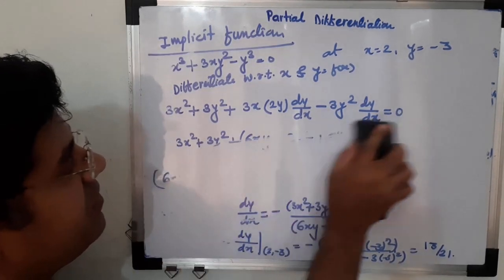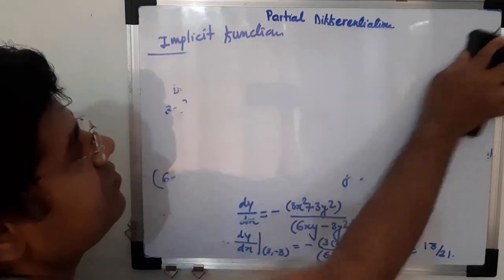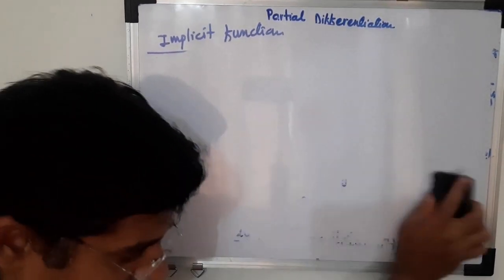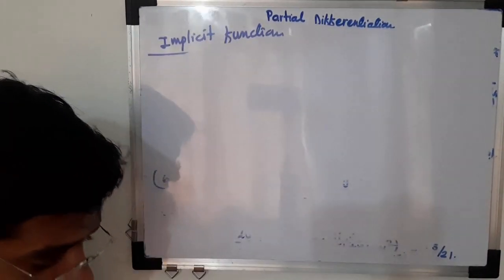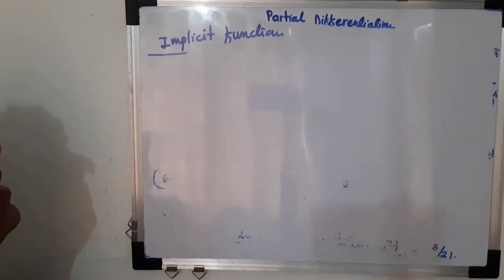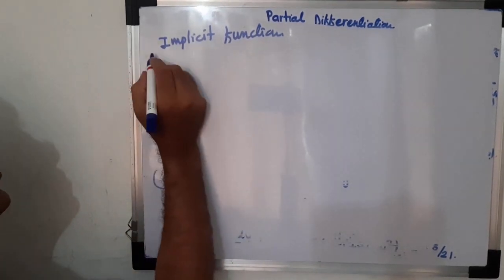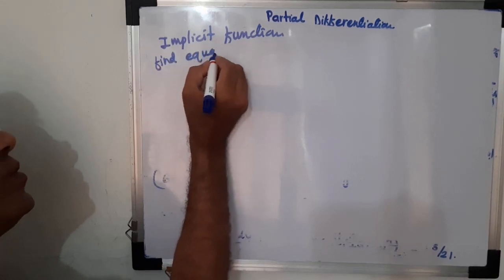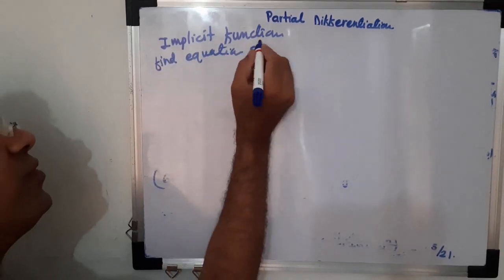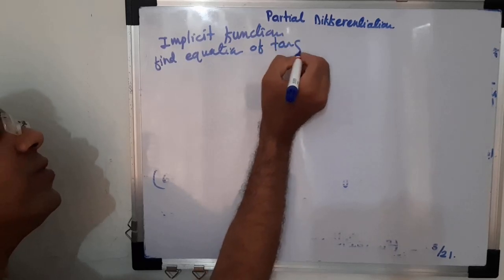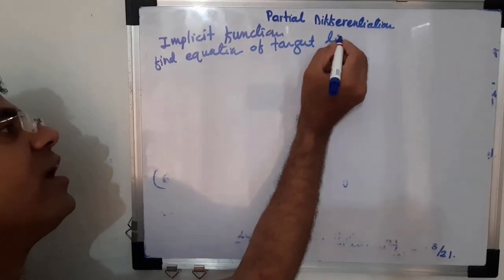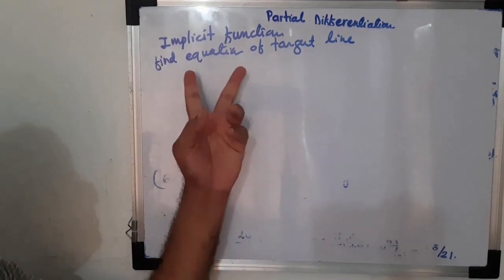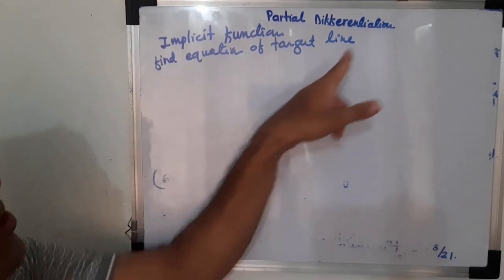Second example they will provide: find the equation of a tangent line. First we have to find the slope of the tangent line to the curve.